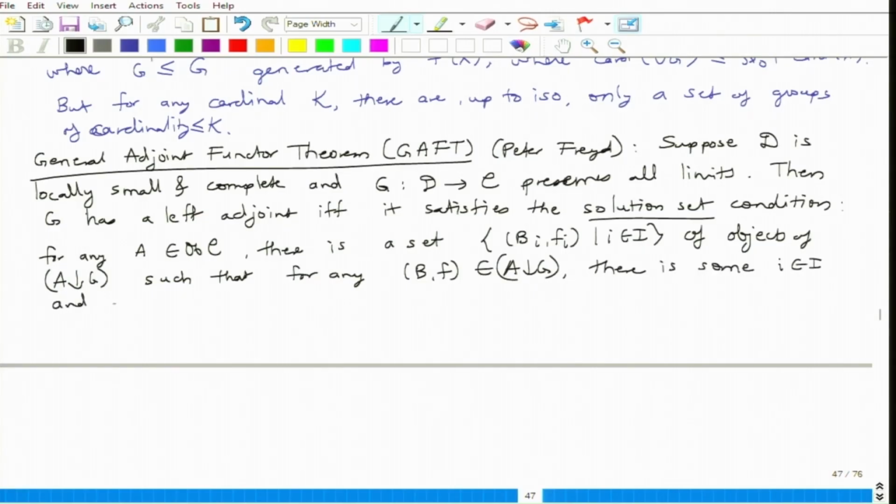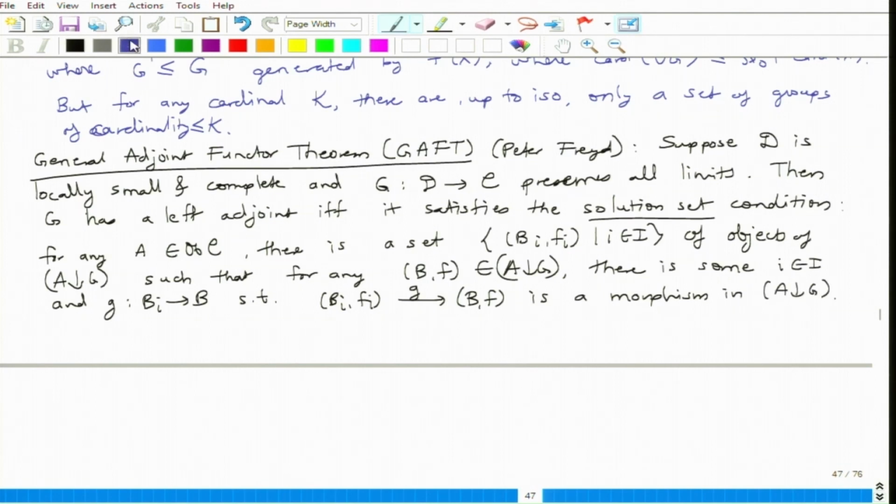and g from Bi to B such that g is a morphism from (Bi, fi) to (B, f) in the arrow category.